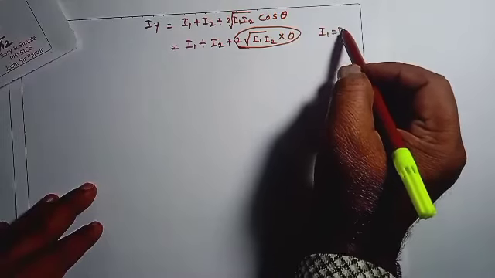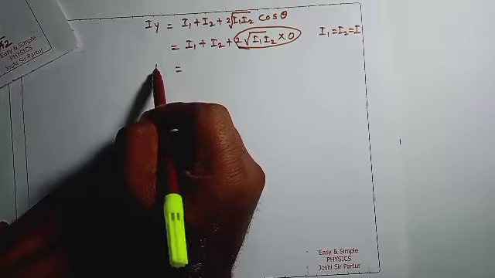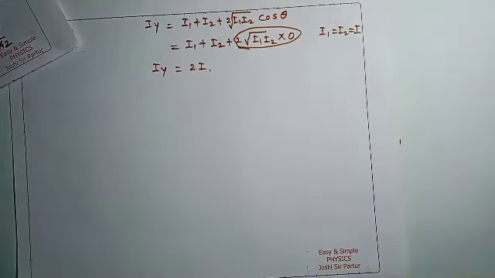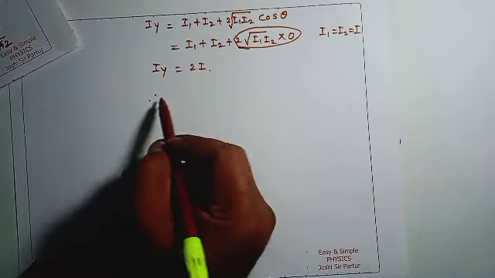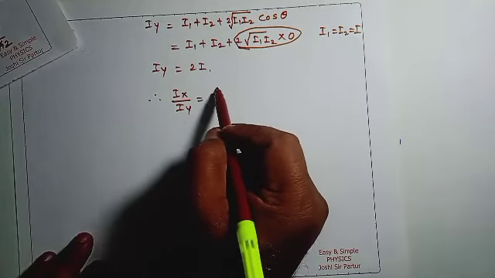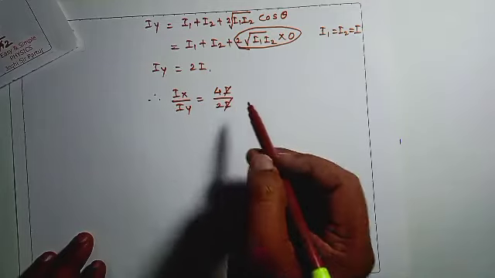If I1 is equal to I2 is equal to I, then Iy is equal to twice I. Ix will be 4I, Iy will be twice I. Therefore, their ratio Ix upon Iy is equal to 4I upon twice I. I gets cancelled.